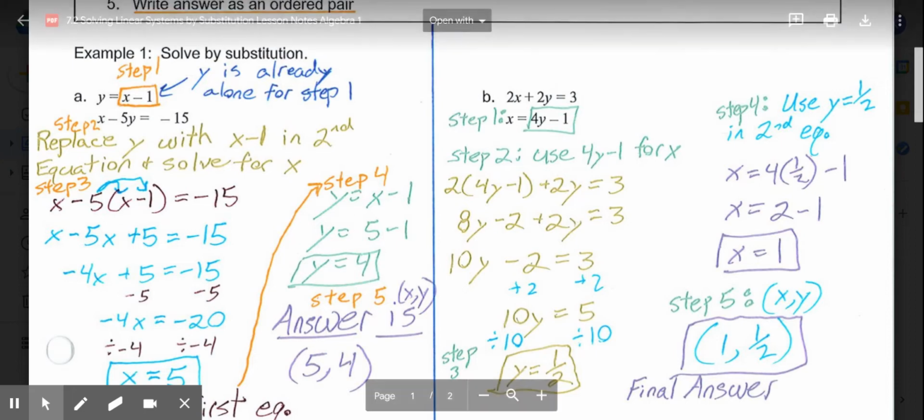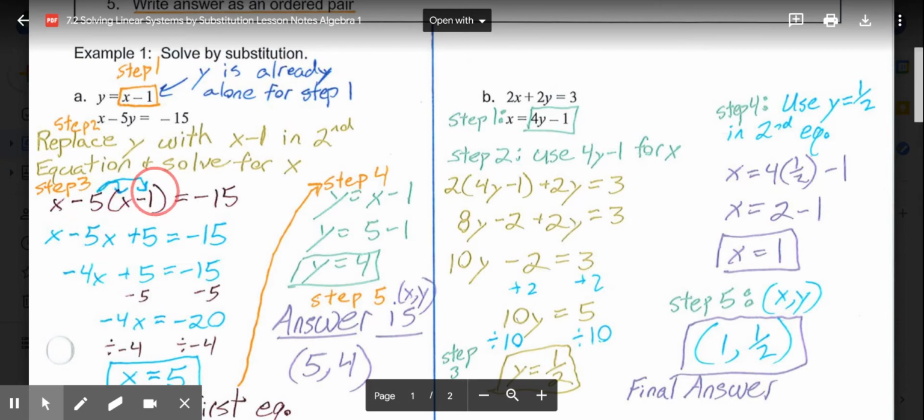So that equation would become x minus 5 times the quantity x minus 1, because y has now become x minus 1, and that is equal to negative 15. So we have to use distributive property with the negative 5 here. Negative 5 times x is a minus 5x.